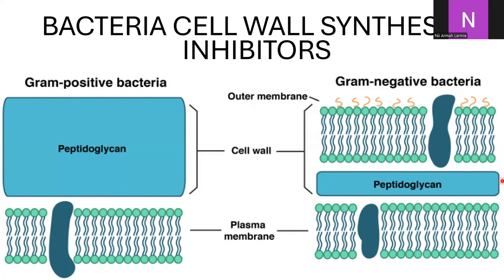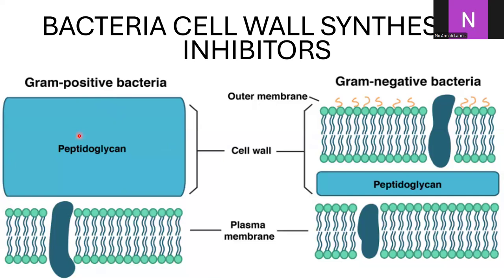So how do they interfere with the cell wall synthesis of bacteria? We can also say, how do they interfere with peptidoglycan formation, since peptidoglycan serves as an important component of the cell wall? In fact, in gram-positive, it makes up the whole cell wall.